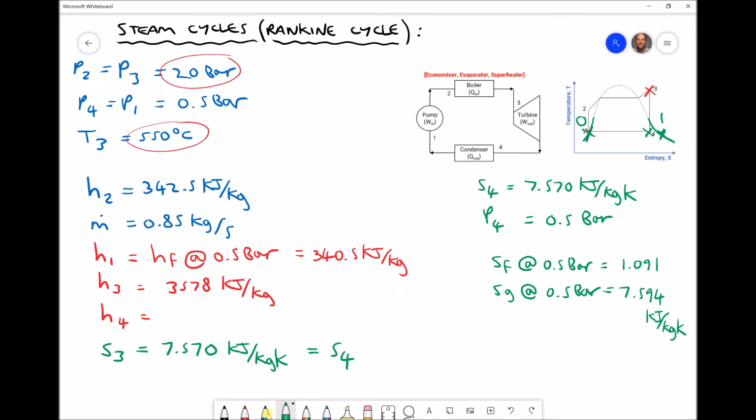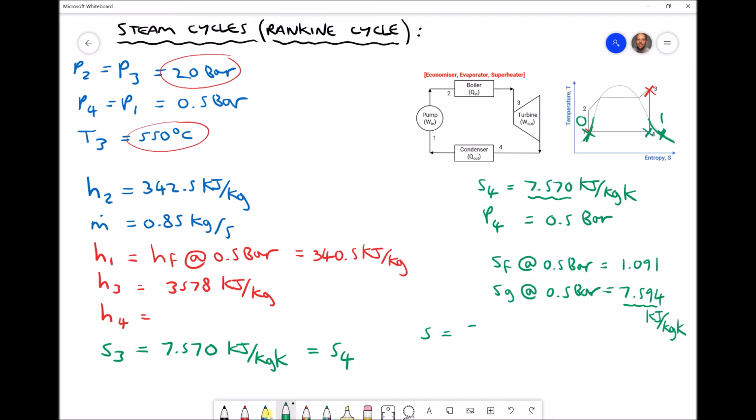And what we can see now is that our value of 7.570 sits between the SF and SG values, but it's much closer to the 7.594 or the SG value. Therefore, we know we're going to have a very high dryness fraction. The way that we determine our dryness fraction then is using the following formula.